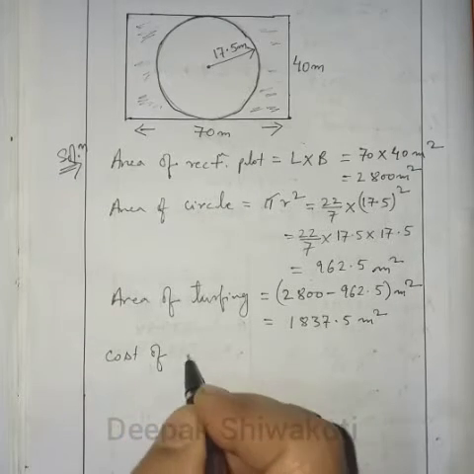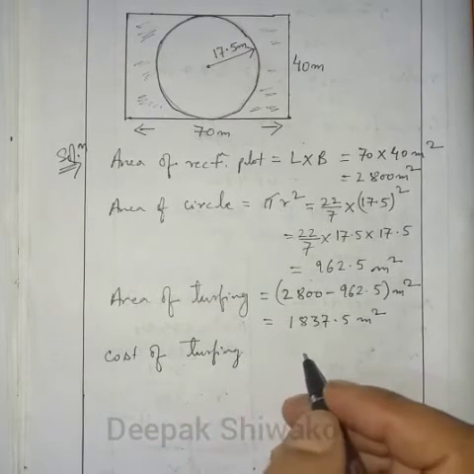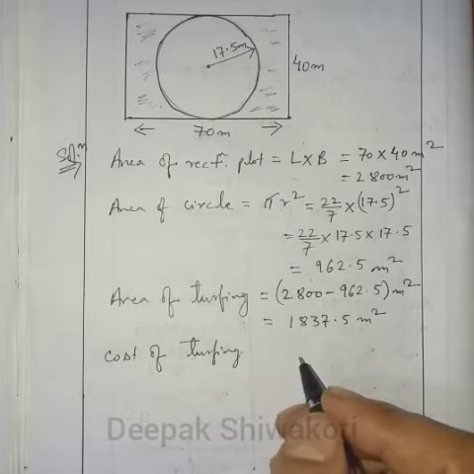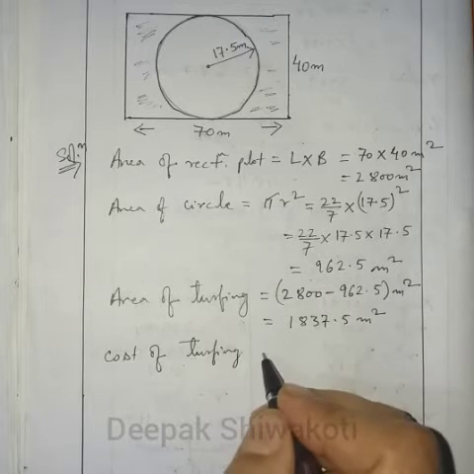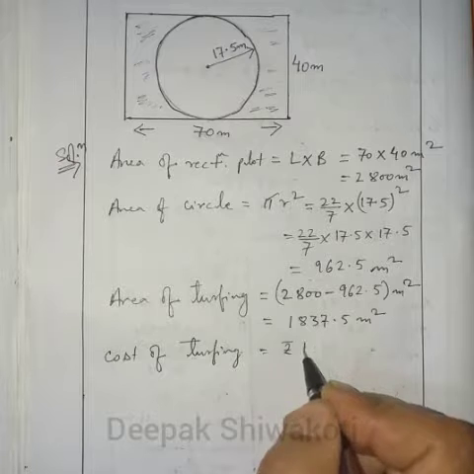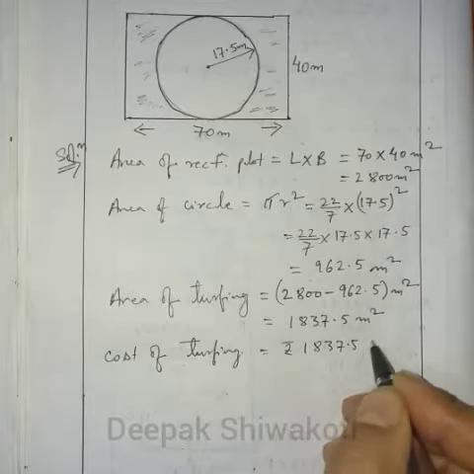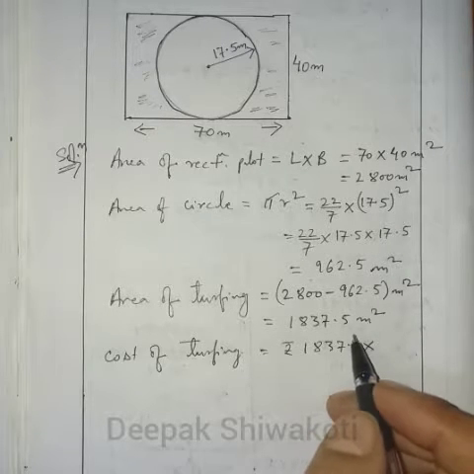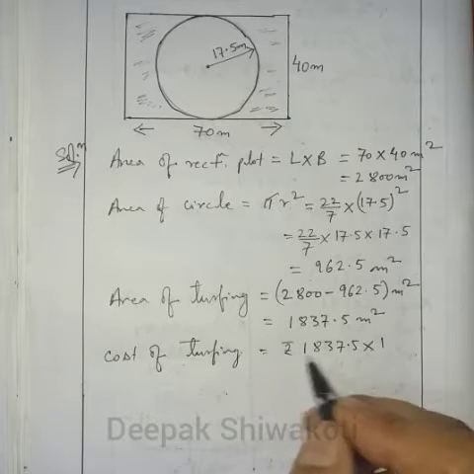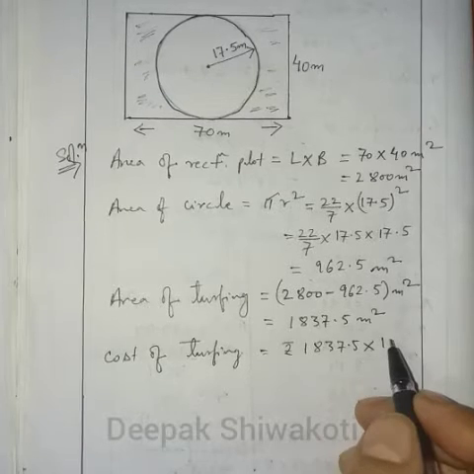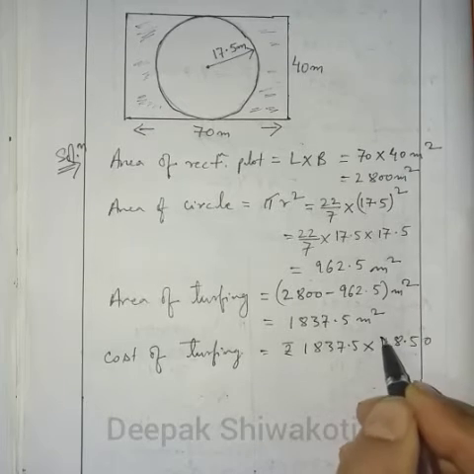Now the cost of turfing we have to find. Rate is given in the question: 28.50 rupees per square meter, and we have this many square meter. So we multiply the area of turfing, 1837.5, with the rate 28.50.